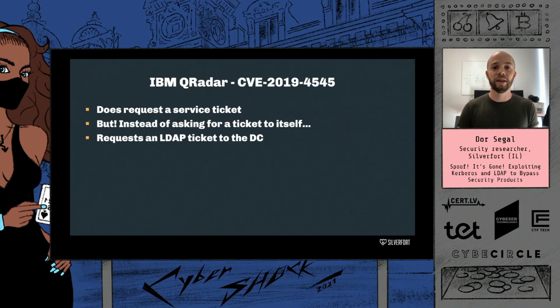Unlike the other firewalls, this application does request a service ticket, but instead of requesting a valid ticket to the Curator, it is requesting an LDAP ticket to the domain controller to perform an LDAP bind.